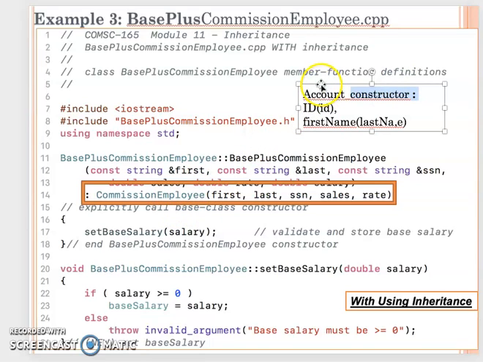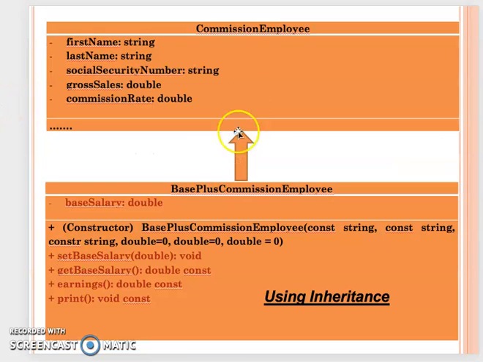So here, what we need to do is go back and look at the inheritance relationship. This arrow means, in C++, that you inherit from your base class. In addition to those 5 data attributes, I just need to add my own in the child class.